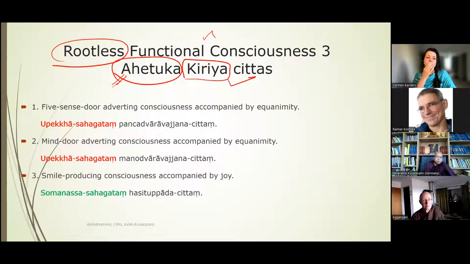The first kiriya citta is five sense door adverting consciousness accompanied by equanimity.